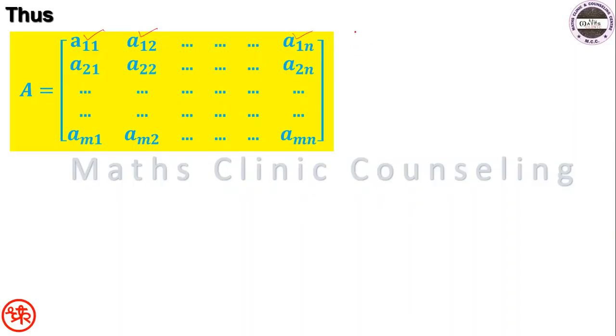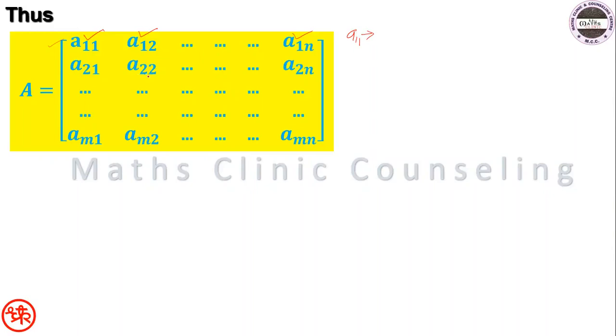Tell me, A11, where does it belong? It belongs to which row? First row. And which column? First column. Is that clear? A12, which row? First row. Which column? Second column. Okay. Is that clear?